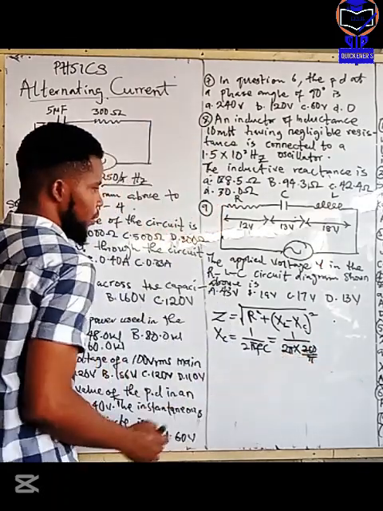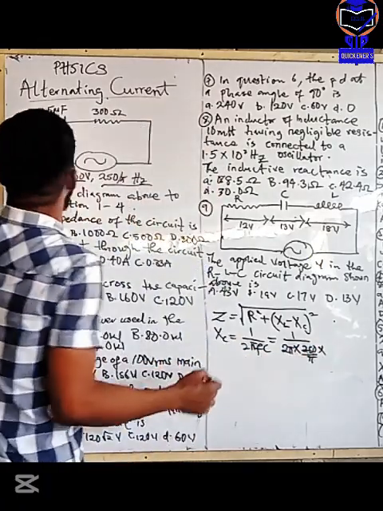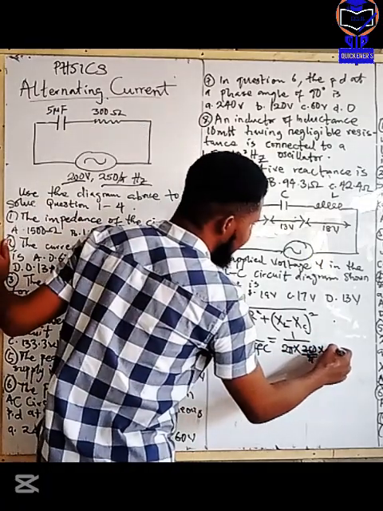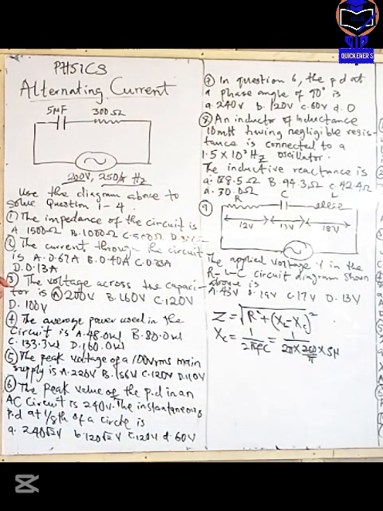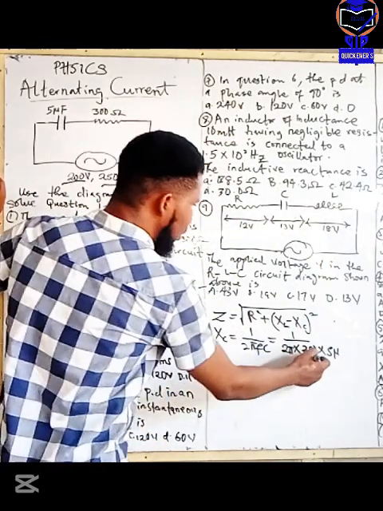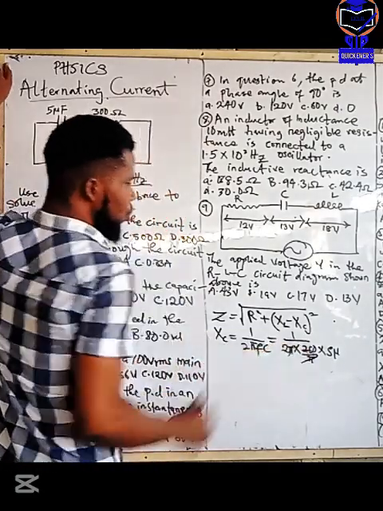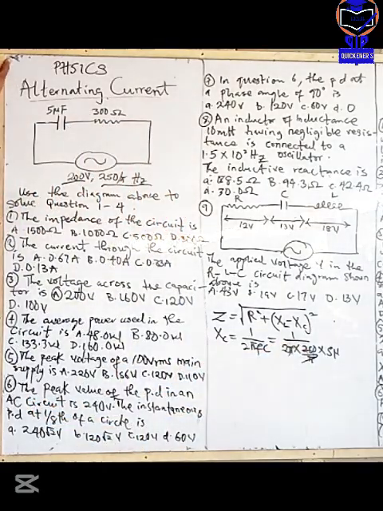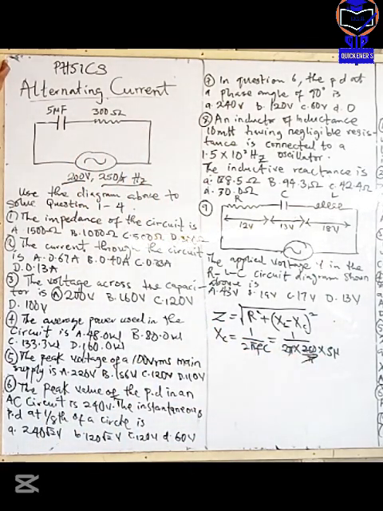What else are we looking for? The capacitance. The capacitance is 5 microfarad. You know, microfarad is 10 power minus 6, right? I hope you get that. So this pi will cancel this pi here. So 2 times 250 will be 500. 500 times 5, that will be what?